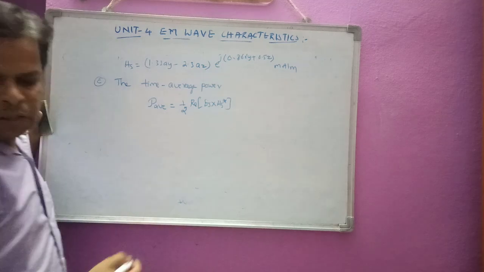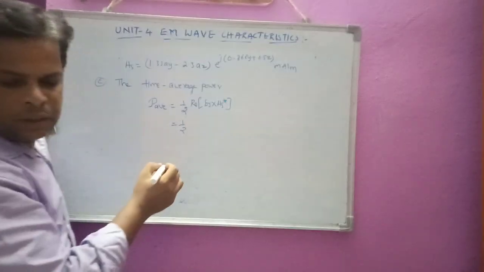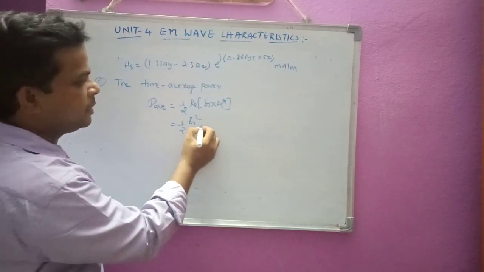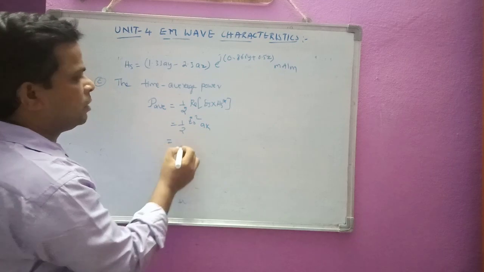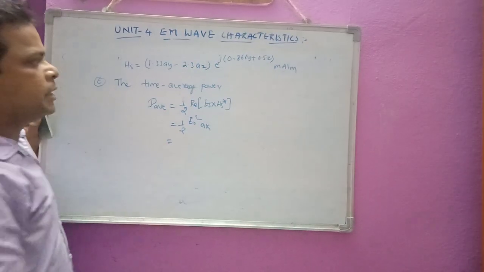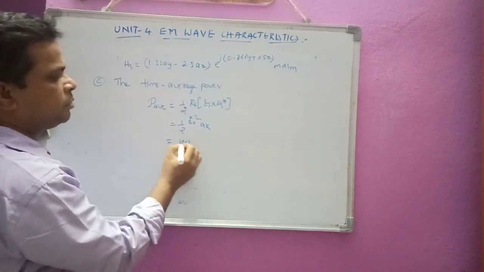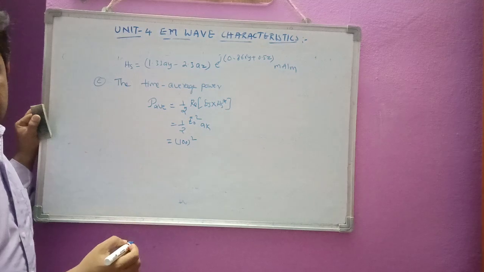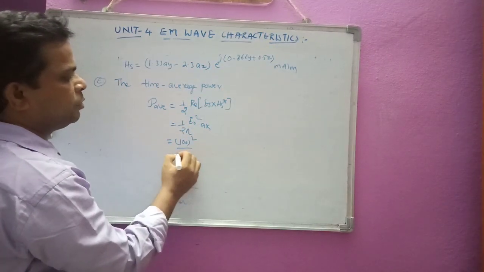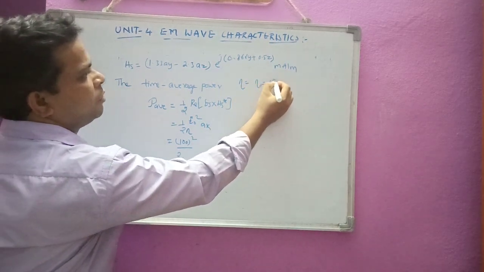We can write this in terms of 1 by 2 times the mod E squared value into ak. E naught, we have, is given as 100, already given in the question itself. So 100 squared by 2 eta, where eta for free space is eta naught, equal to 120 pi.